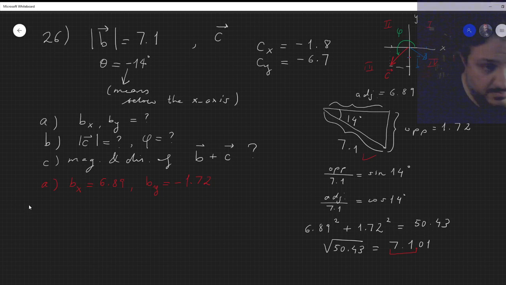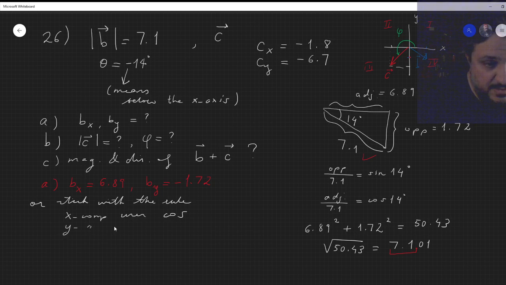Or stick with the rule: the x component uses cosine and the y component uses sine. But this comes with a risk. You can easily make a mistake. You have to make sure that the angle is measured from the x-axis.